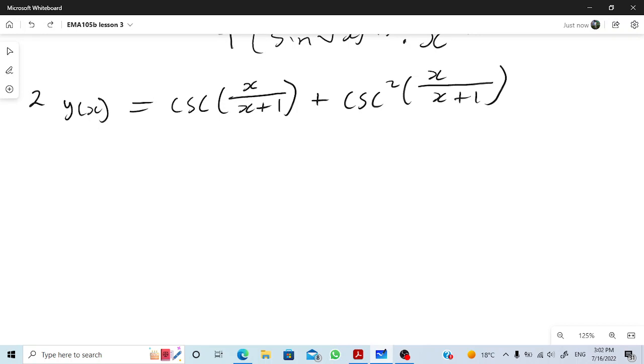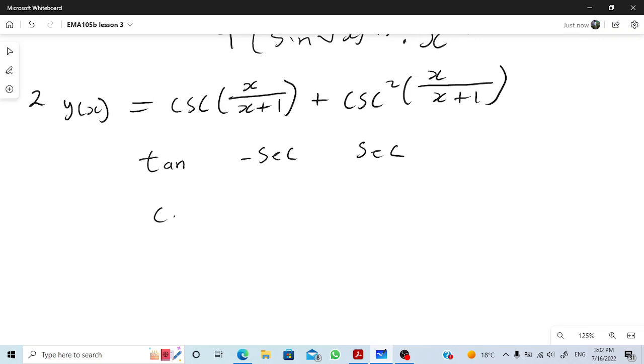When I differentiate trigonometric functions, I have a mini lookup table. So it's tan, minus secant, and secant.